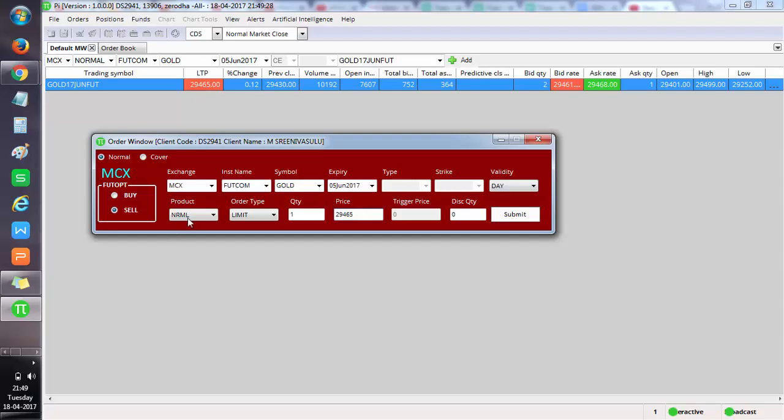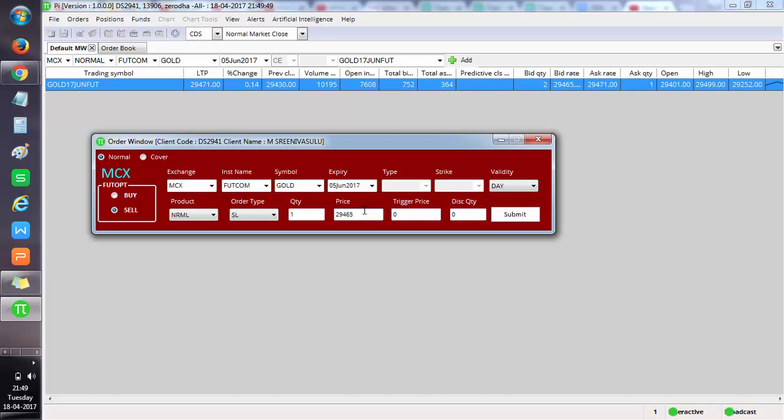So what you need to do is, instead of selecting limit here, you need to select SLM or SL. It's up to you what order type you want to select. If I were to do this trade, I would always select SL, because I don't want the trigger to happen abruptly.